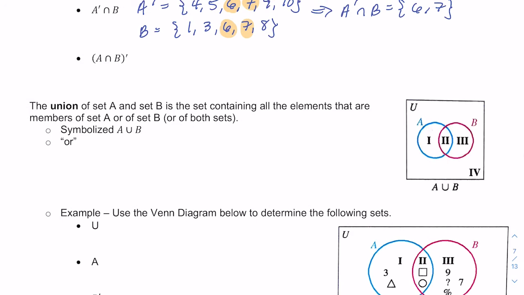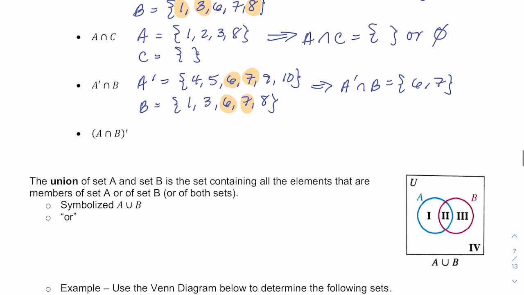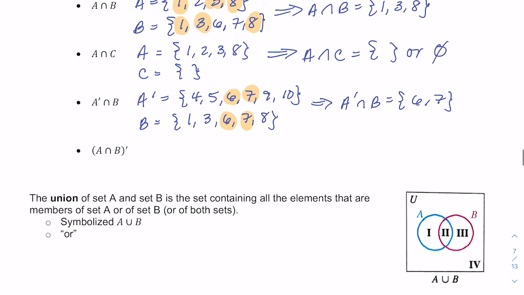This next one says A and B, that quantity, the complement of it. So the complement of A and B. Okay, so one way we could do that is we can look at the first example we did and find the complement of it.